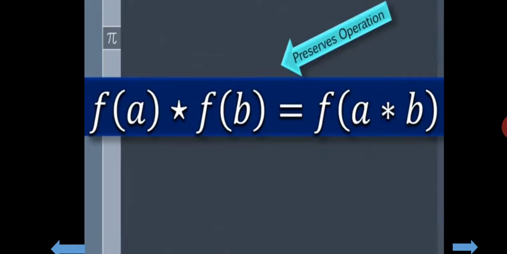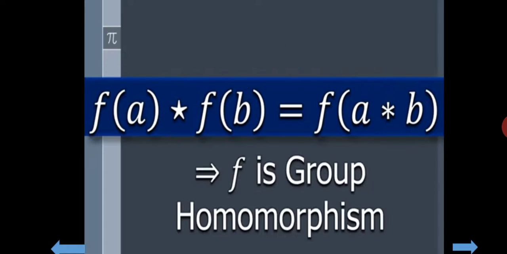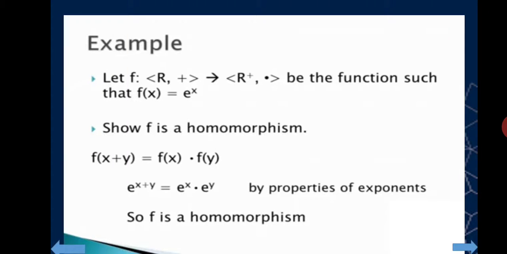So, which means that no matter if you apply the operation on a and b first, and then apply the function, or you apply the function first, and then the operation, the answer remains the same. So if we have a function between two groups that fulfills this condition, then we say that f is a group homomorphism.